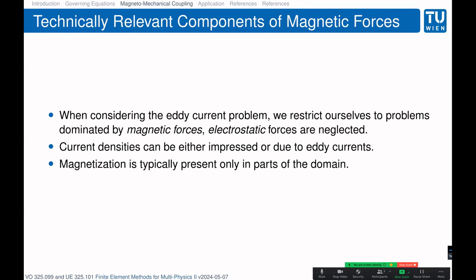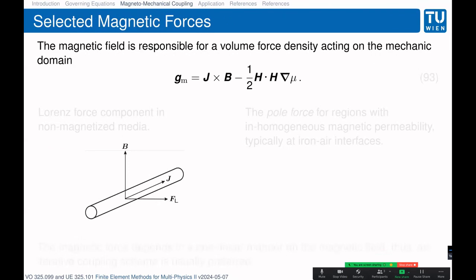And we can note that current densities can either be the impressed ones or the eddy current densities that we compute. And also the magnetization, typically it's only present in part of the domain and not in the whole domain. So let's look at the few selected ones. The magnetic field can produce volume force densities, and they can be written like this.